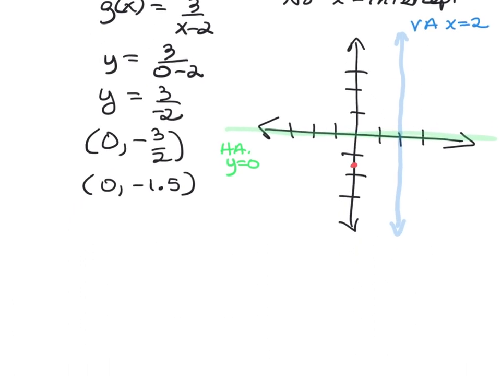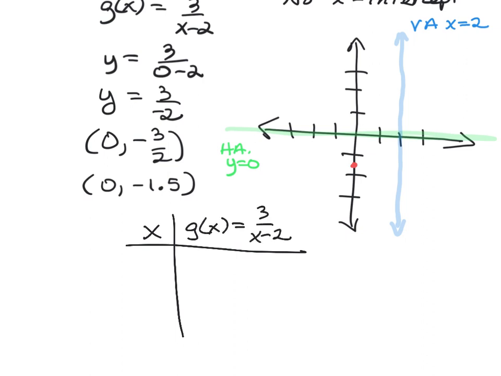So for example, I'm going to set up and put g of x here, 3 over x minus 2. And now I can pick whatever x's I want, except when x equals 2, because that's the asymptote. I'm going to plug in any x you want to get some more ordered pairs.